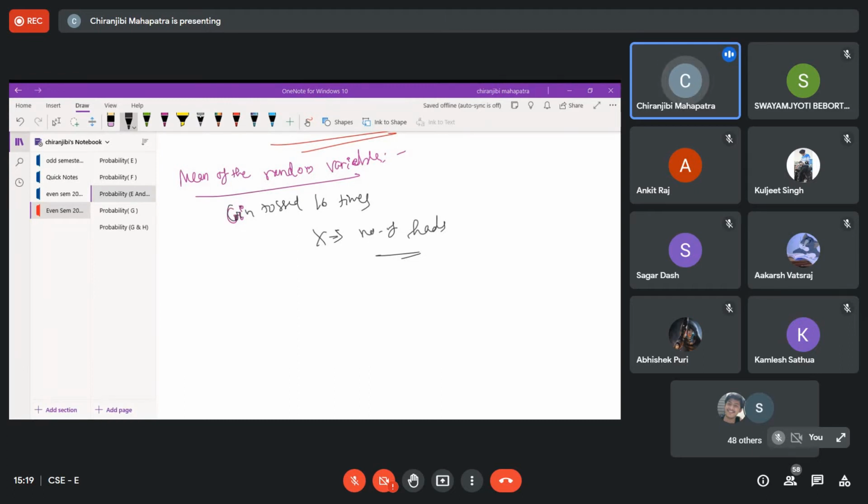Next, suppose the experiment, that means how many heads are possible here? As the 16 times you have tossed, then what is the number of heads that occur per toss?